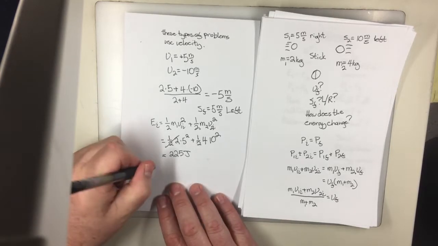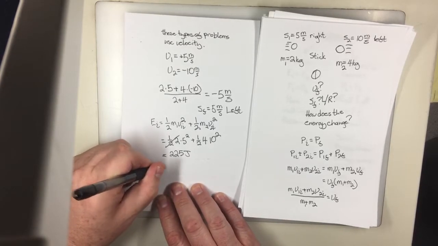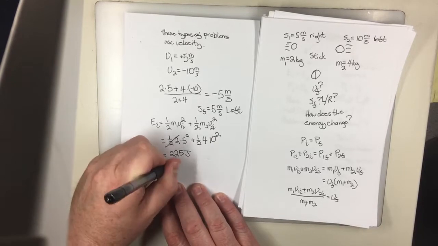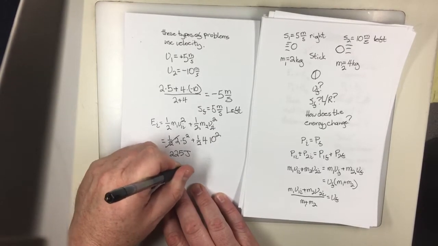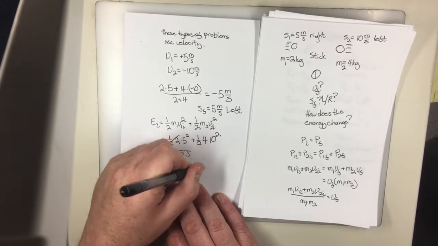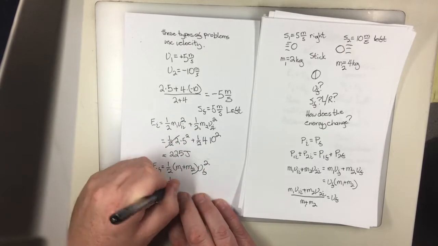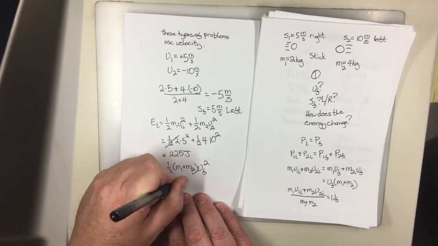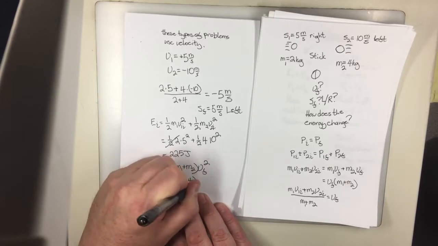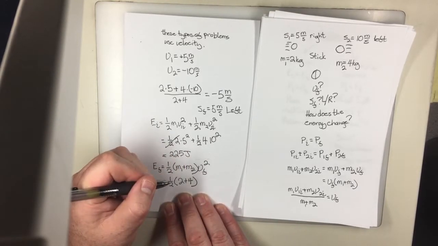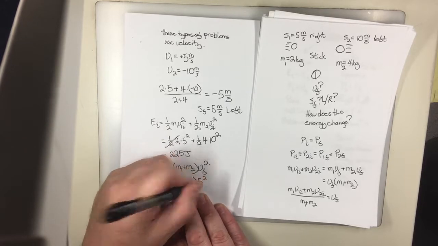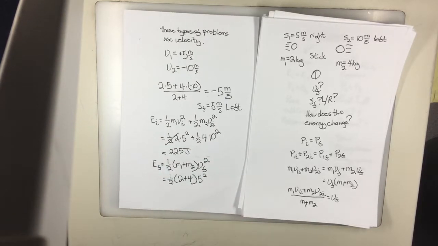Now the energy final, since they're stuck, is 1/2 M1 plus M2 V final squared. So this becomes 1/2 times 2 plus 4 times 5 squared. 5 squared is 25, 2 plus 4 is 6, divided by 2 is 3.